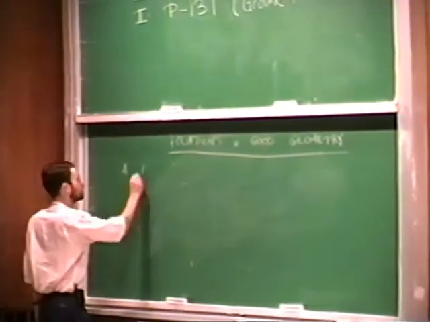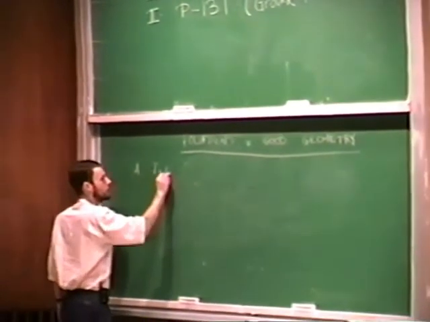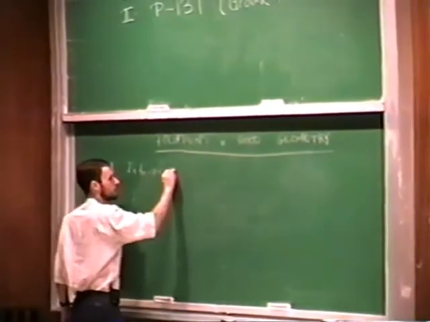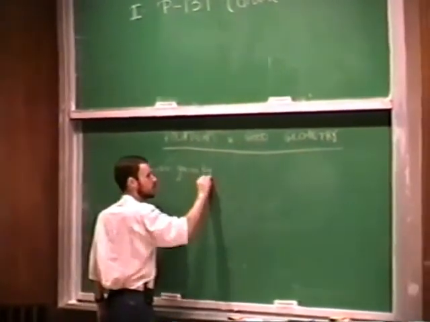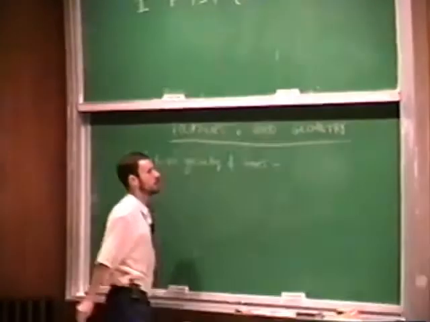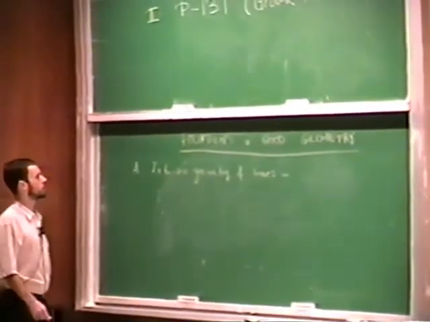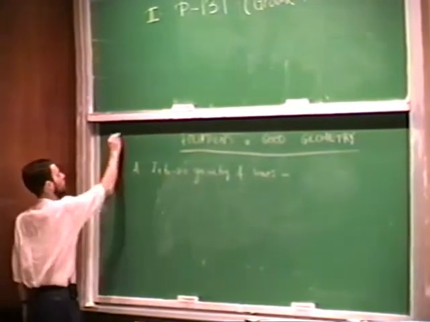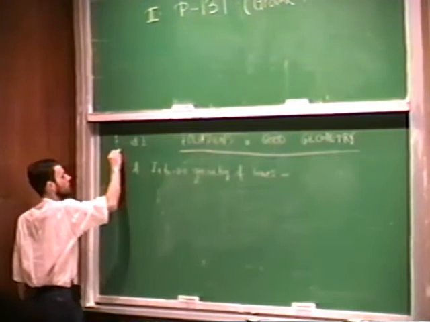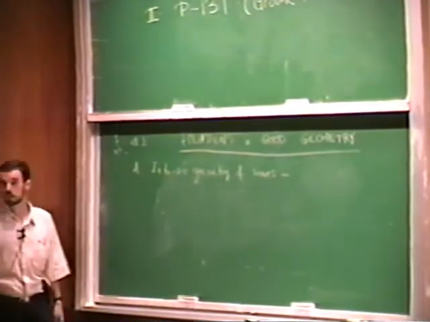Okay, so first the intrinsic geometry of leaves. I think most of the time I'm going to mention foliations in three-manifolds, so these will be two-dimensional leaves.